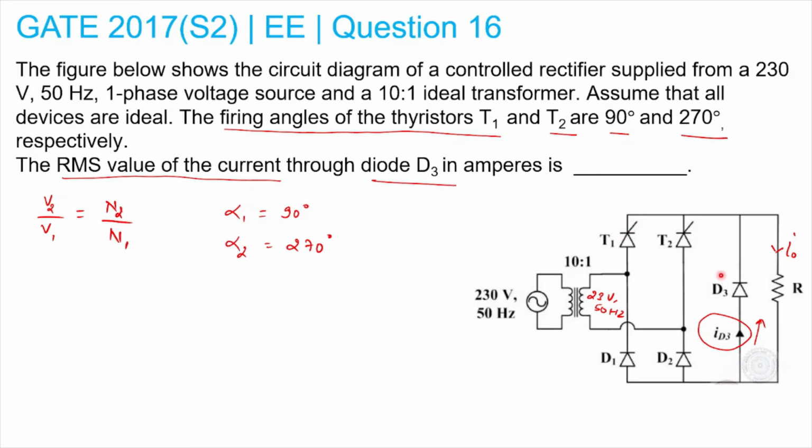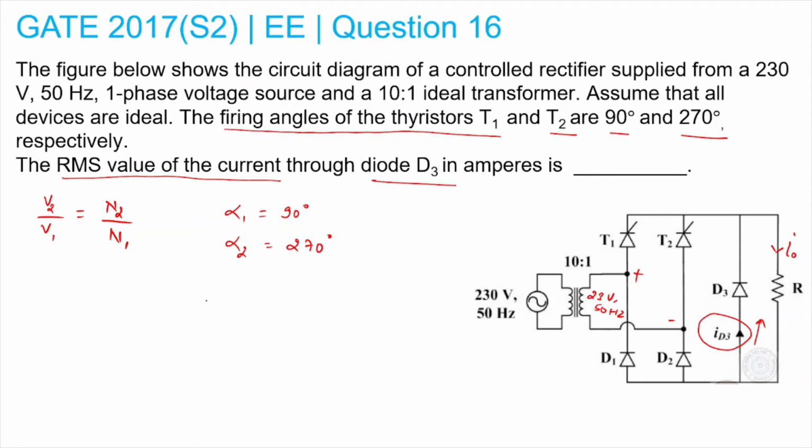See the V naught waveform. Alpha 1 means this T1 thyristor is getting triggered at 90 degree. So from 0 to 180 degree, this voltage is positive. So let us draw, from 0 to 180, this would be like that. T1 is in forward blocking mode because the firing angle is 90 degrees.